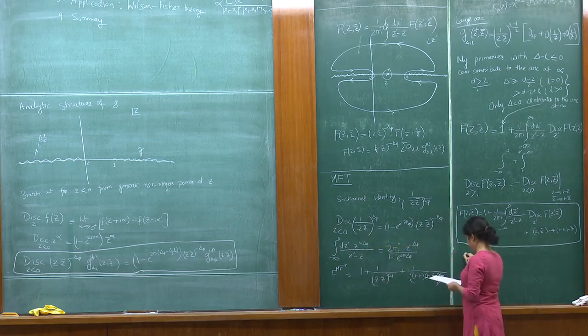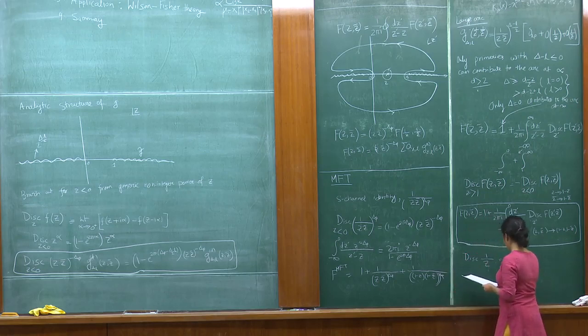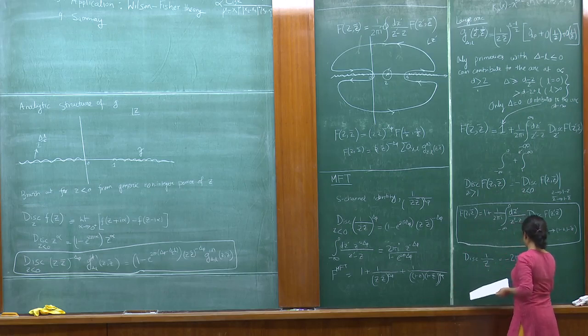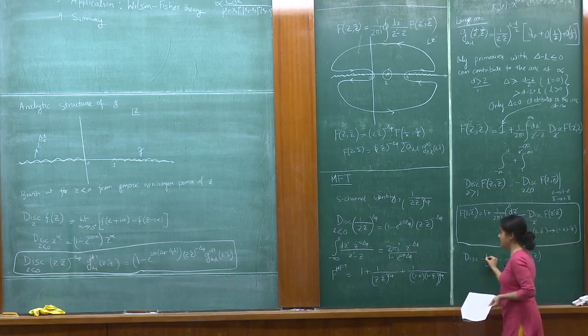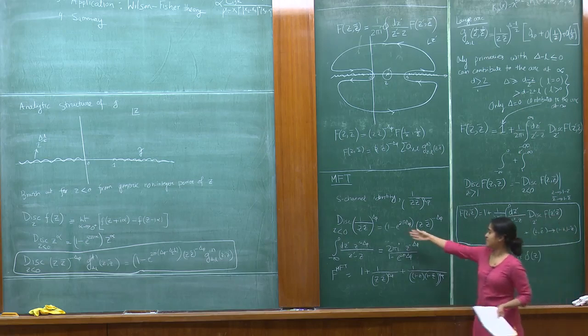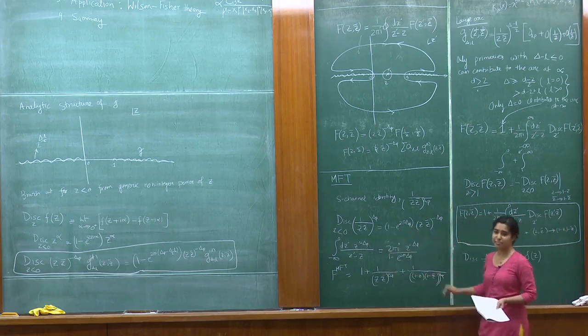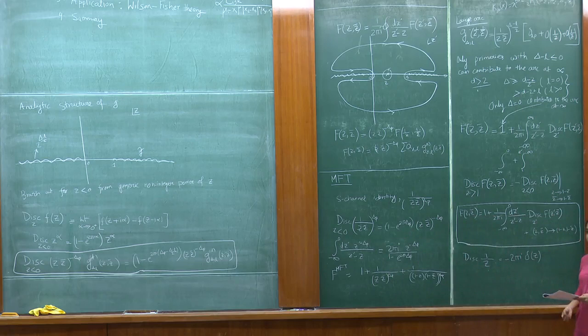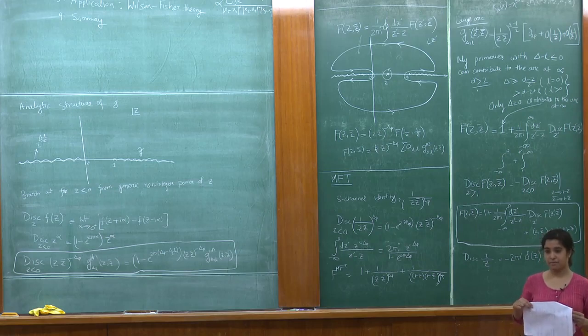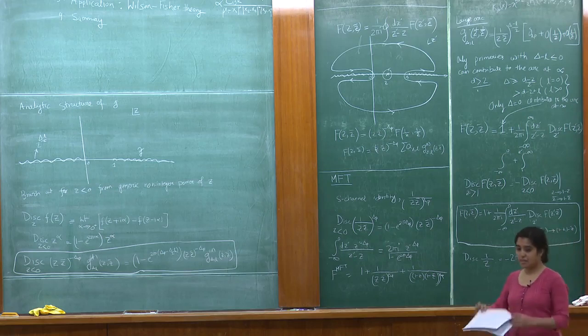So we use the fact that the discontinuity of 1 over z is a delta function, and one can analyze the same thing and end up getting exactly the same result. So this is valid for all delta phi. And you're using the fact that anything but identity exchange in mean field theory is double trace exchange, and that has zero discontinuity. Yes.